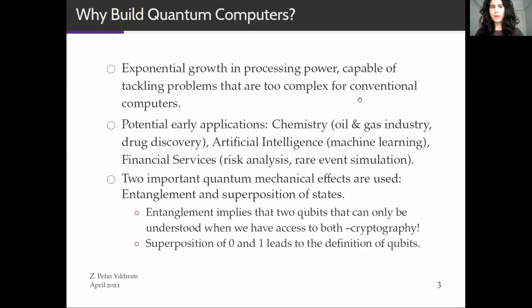At first, why are we building quantum computers? As we all know, classical computers are not enough for complex problems, such as factorization.